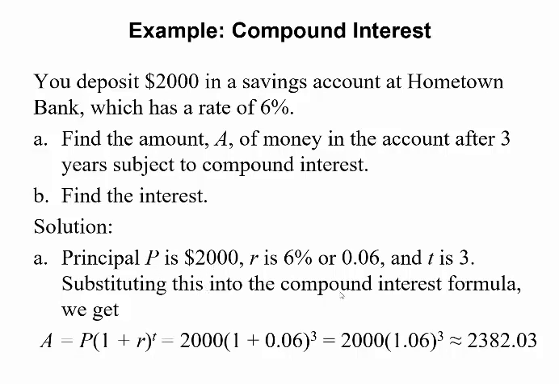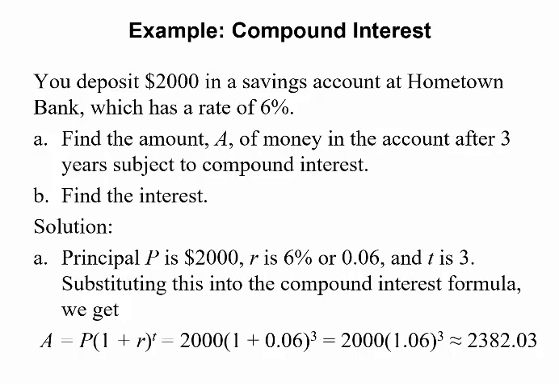The rate from above is 6%, so we change that to 0.06. And T is the number of years, which is 3. Substituting into the compound interest formula, the future value is equal to the principal, 2,000, times 1 plus 0.06 raised to the third power.